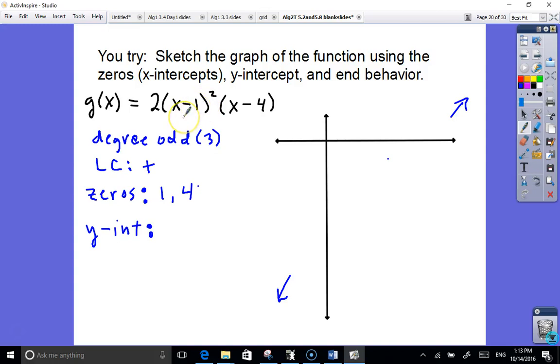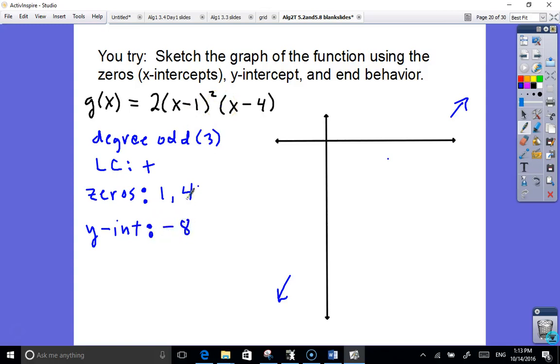I mean, you know that the y-intercept is going to be the constant term, right? If I FOILed x minus 1 times x minus 1, what's the constant term? Plus 1. Negative 1 times negative 1 is 1. Then I multiply that positive 1 times negative 4, negative 4. Then I multiply the negative 4 by 2, negative 8. You could put this all in the calculator, but the answer is negative 8.